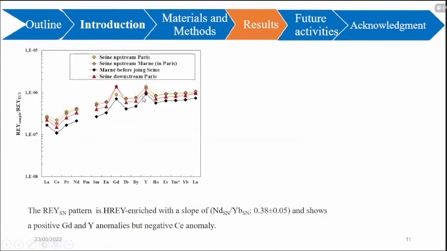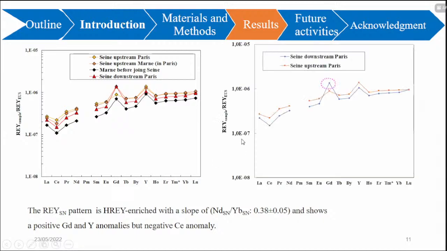When we see the Seine River, again, the downstream of the Seine shows the higher gadolinium concentration, I mean gadolinium anomaly. Also, the Seine River shows a similar pattern to that of the Danube River, where it is enriched with heavier rare earth elements.